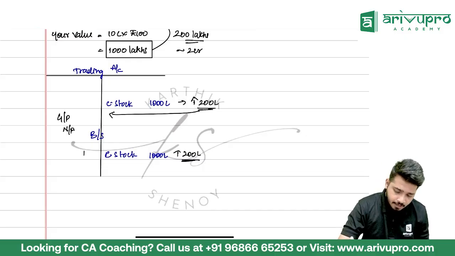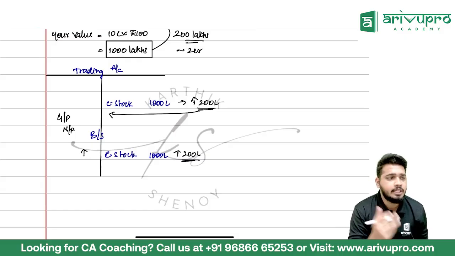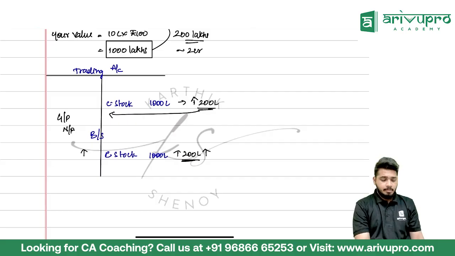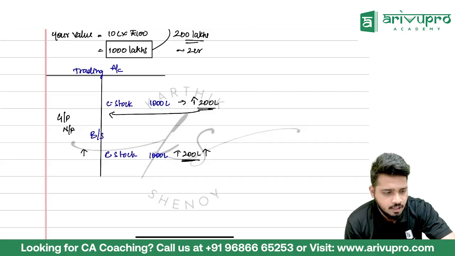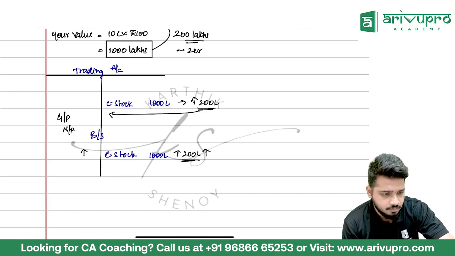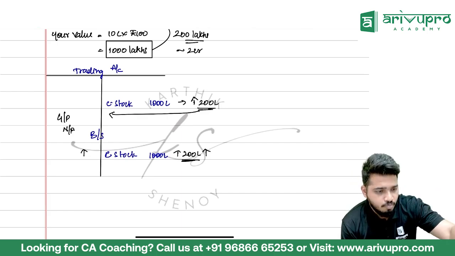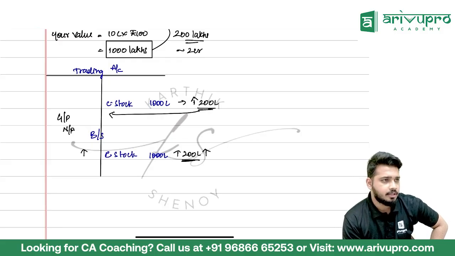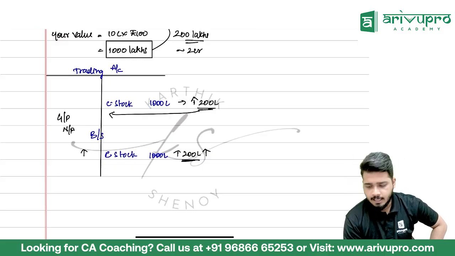So my profit increased, reserves and surplus increased, equity increased. On the other side, my asset increased. But is it a legal increase or not? Definitely not a legal increase.